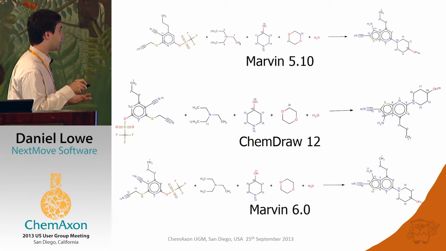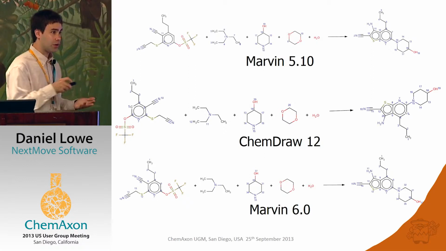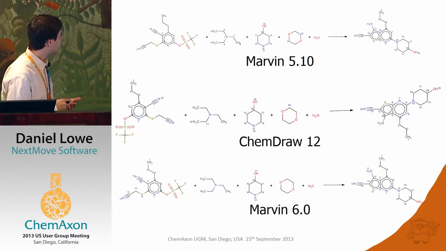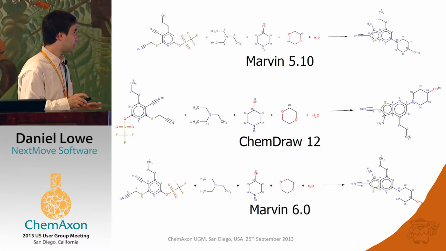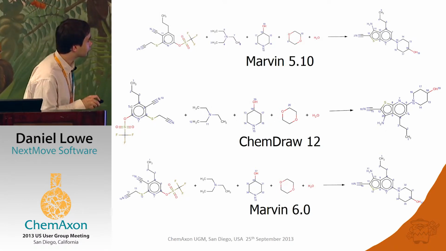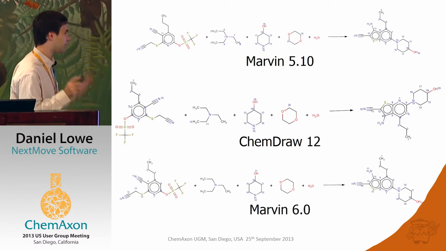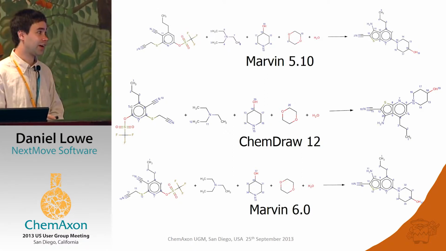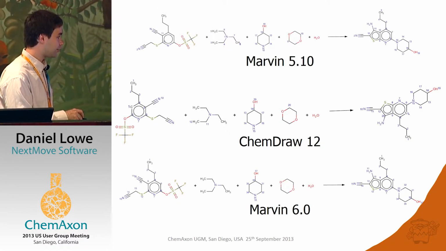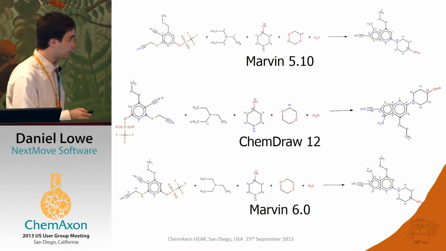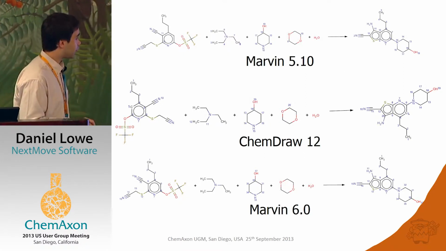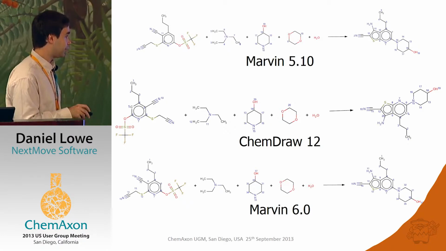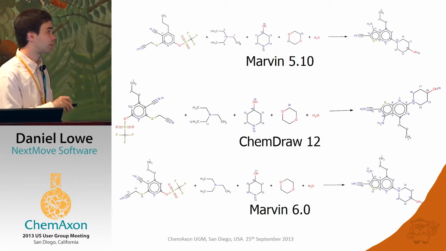So in both Marvin 5 and in ChemDraw, atom maps are chosen from this triethylamine, which I think is just acting as a base, possibly. But anyway, it's not contributing atoms to the product. In fact, I think both of them pick out atoms from the dioxane as well. It's completely wrong. Anyway, in Marvin 6, it gets it correct, and atom maps are only chosen from the actual reactants. And also, all atoms in the product are accounted for by the reactants.